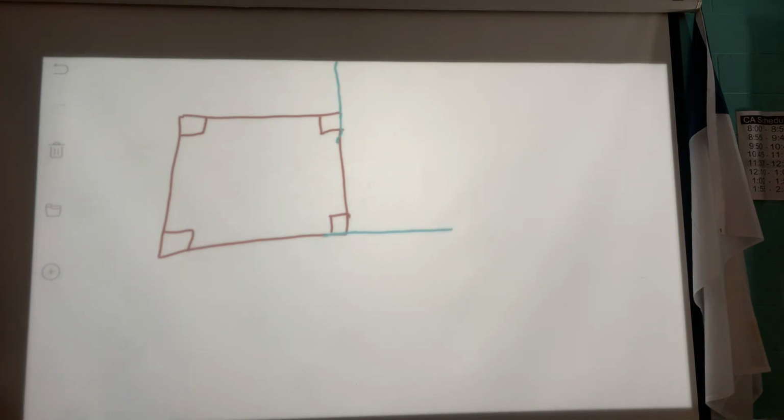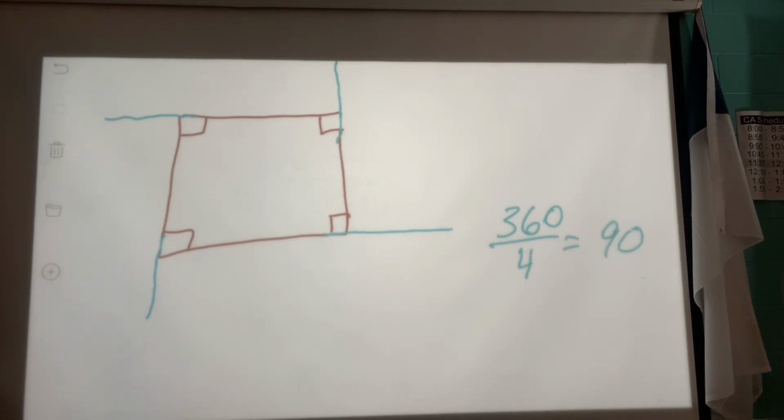Let's do a square. If I take a square, we know that all angles in a square are going to be 90. If I extend each of the sides out one way, let me try a different color here to help you visually see this, and then I find the exterior angle, well, I know that it's 360 divided by 4, which is 90.